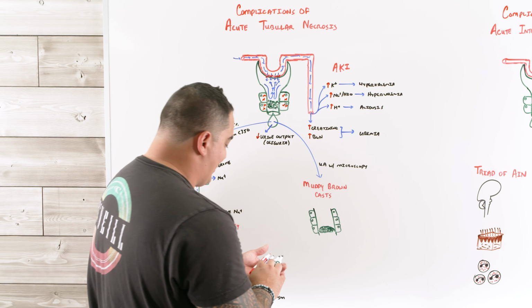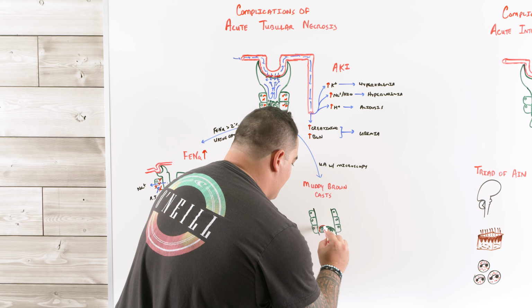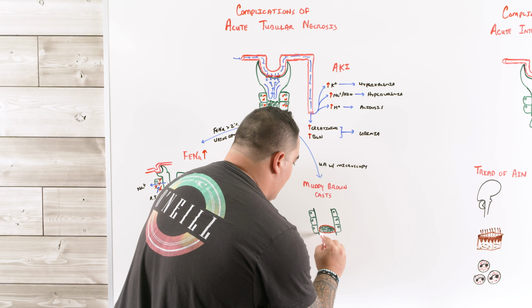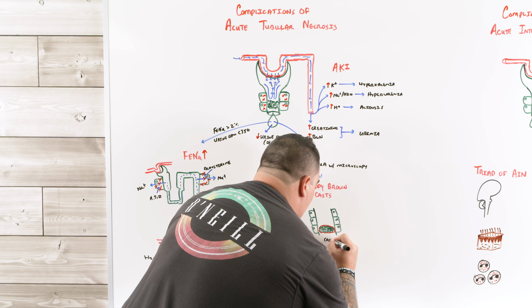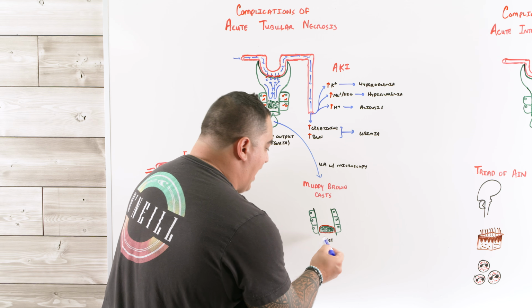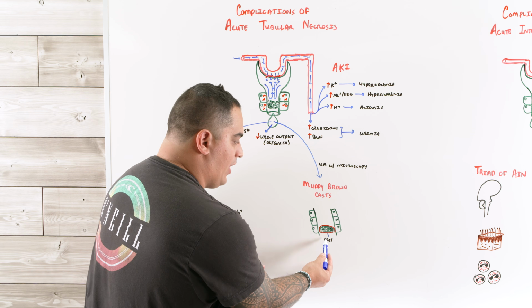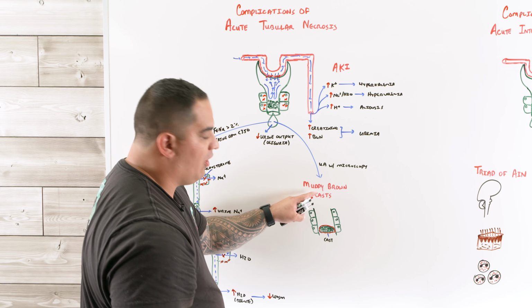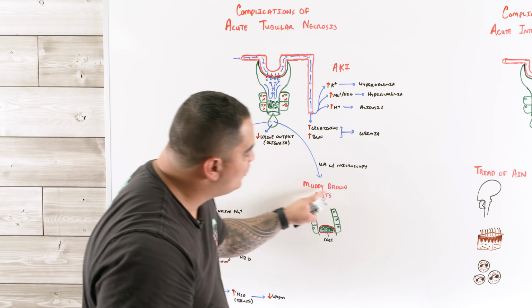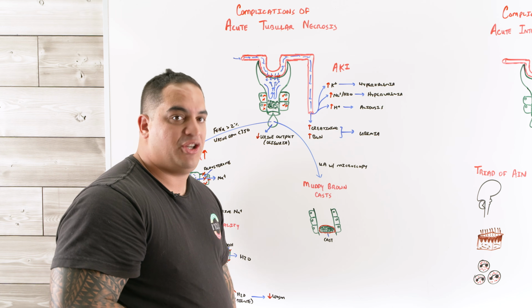And so it forms this kind of shape here, which we call a cast. A cast is basically a clump of epithelial tissue that is formed by the proximal convoluted tubular cell lumen. And we call this a muddy brown cast. This is super characteristic of a patient with ATN.